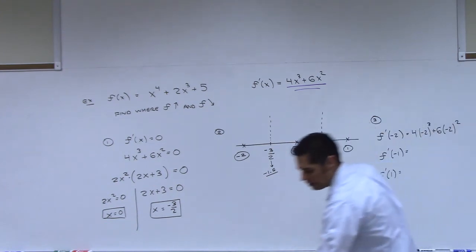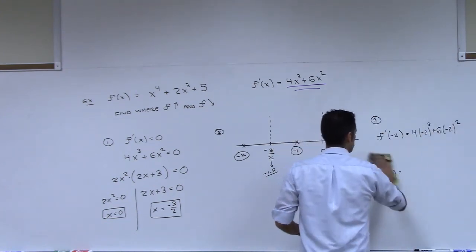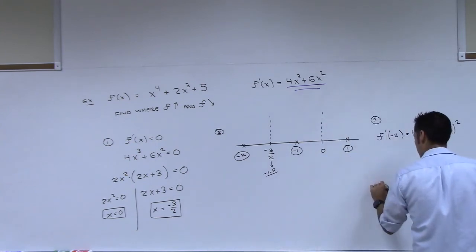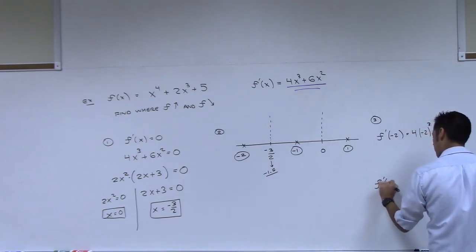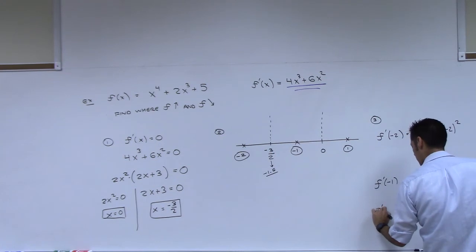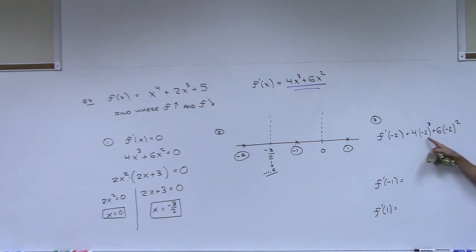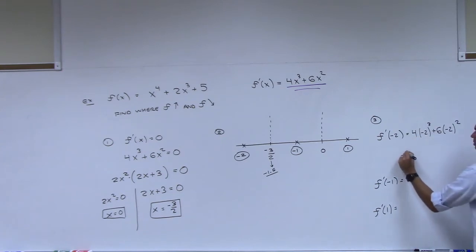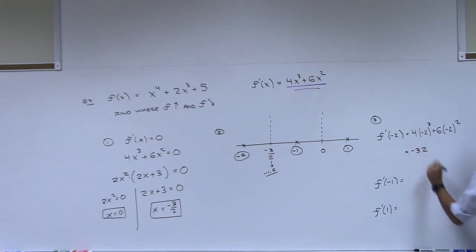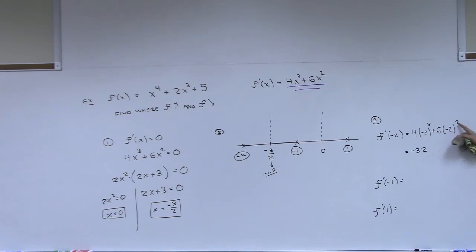Maybe I should have given myself a little more room here. So when we do this, when we do negative 2 cubed, we get negative 8. And negative 8 times 4 is negative 32. Then we have negative 2 squared, which is 4, then times 6, so 24.